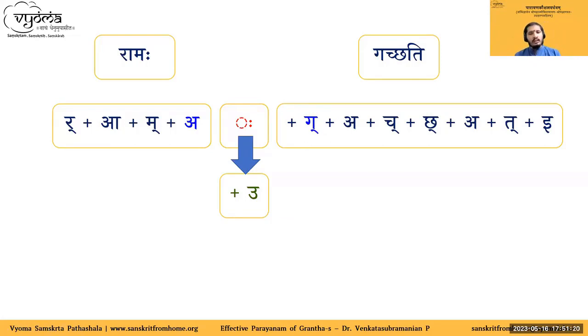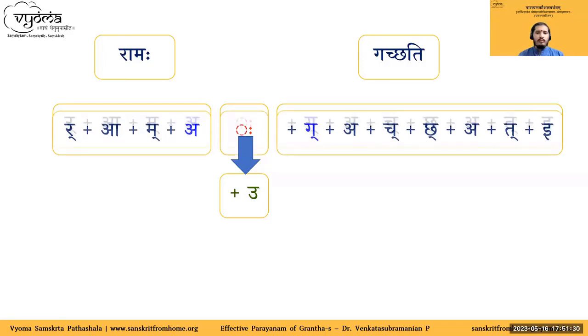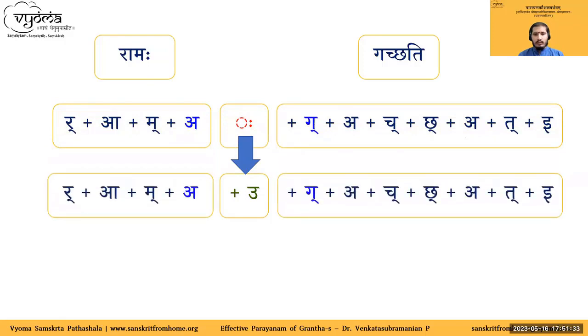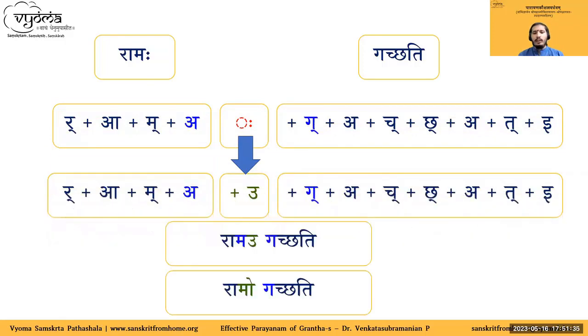So Rama and visarga is replaced by u. Combining all the letters, we get Rama u gacchati. Later, if we do gunasandhi, we get Ramo gacchati.